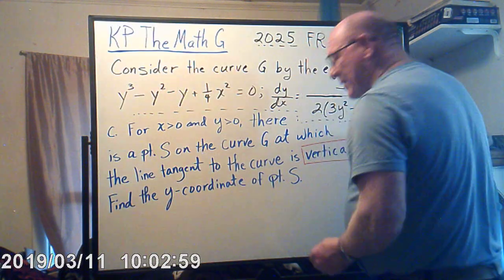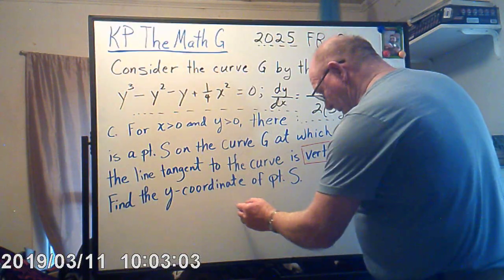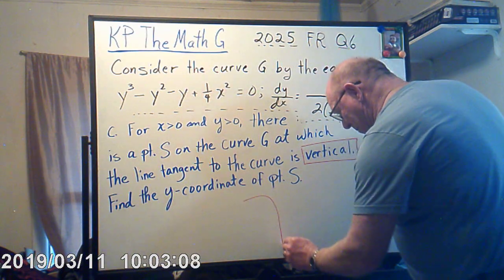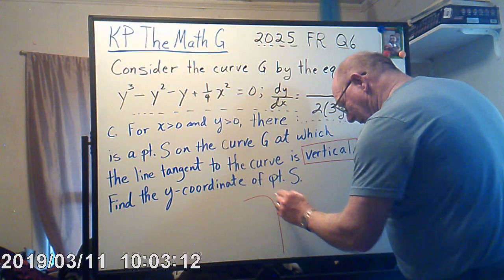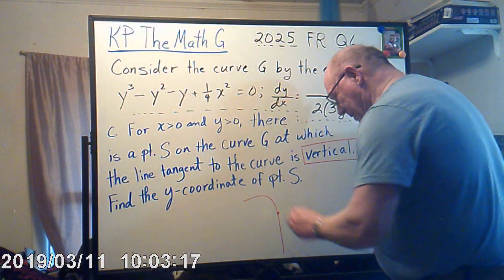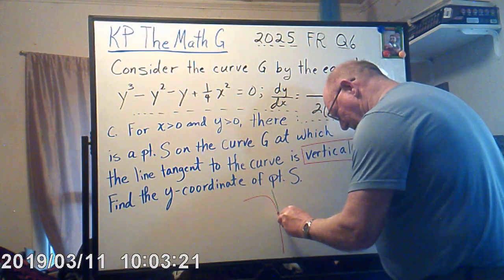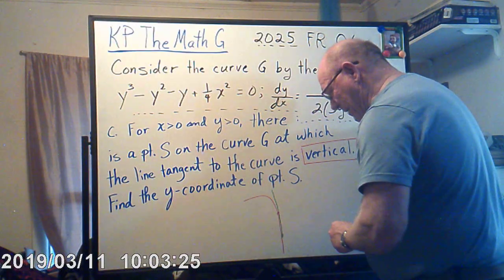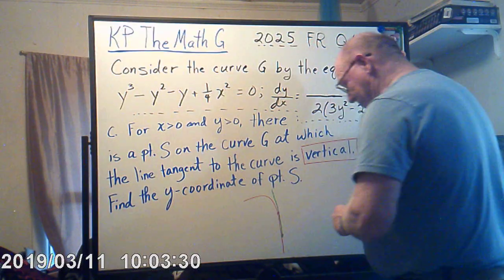I have really no earthly idea what it looks like, but the general idea is it curves down, maybe, and then there is a point S, and then there is a line that is tangent to this curve, and it's a vertical line like that, okay? I don't know what it's going to be, but it's vertical. It's straight up and down.